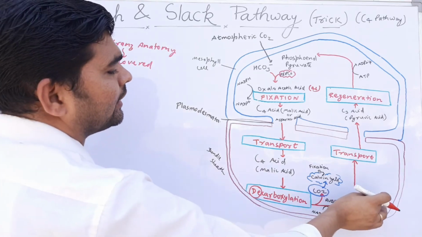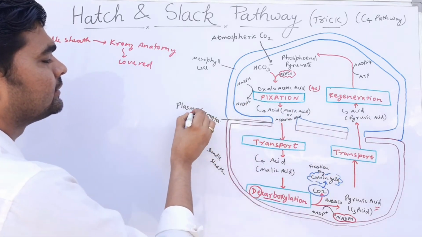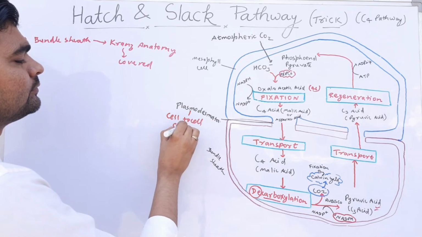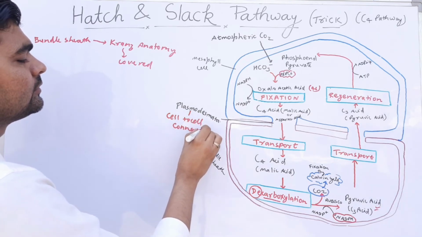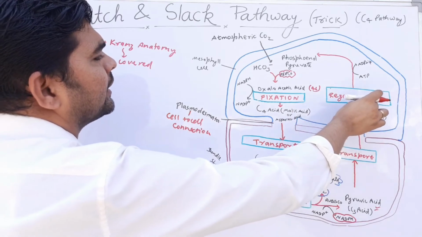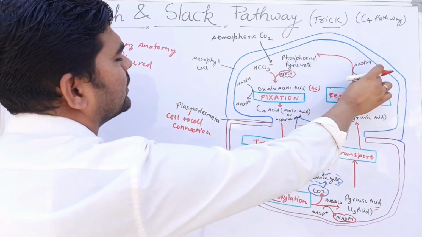Now this pyruvic acid is transported through the plasmodesmata. Plasmodesmata is a cell-to-cell connection, and it gets regenerated into phosphoenol pyruvate by losing 1 ATP.